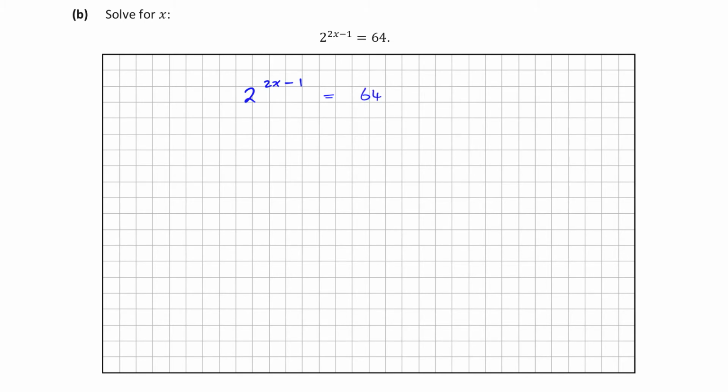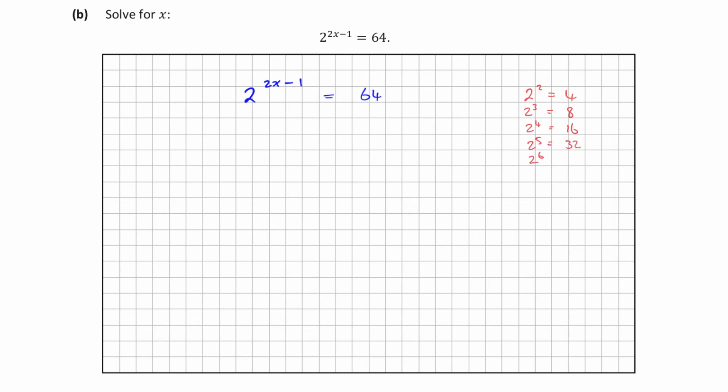Okay, so in order to find a value for x, I need to make sure that these two numbers are both 2 to the power of something. So I have to change 64 to 2 to the power of something. Let's just think about that. 2 to the power of 2 is 2 times 2, which is 4. 2 to the power of 3 is 2 times 2 times 2, which is 8. 2 to the power of 4 is 8 times 2, which is 16. 2 to the power of 5 will be 16 times 2, which is 32.